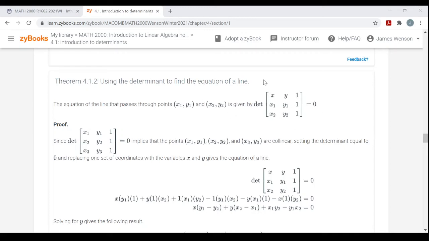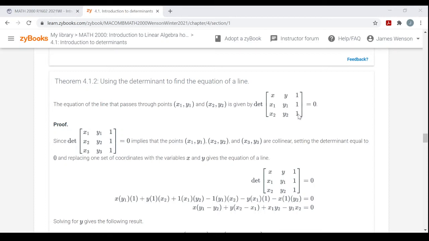So the way we're doing it here, again, just to practice taking 3 by 3 determinants, is I set up that matrix again, where I have the 2 points that I know, and then some third point that I don't know, some variable point x comma y.